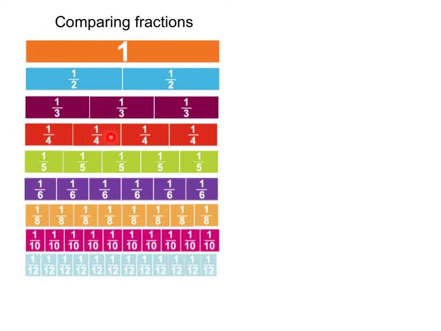If I look in the fourths, now I know that 1/2 is equivalent to 2 fourths. Let's see if it's equivalent to anything else. We go down this line. That's the fourths. Oh, it looks like there's an equivalency in the sixths. 1, 2, 3 sixths.